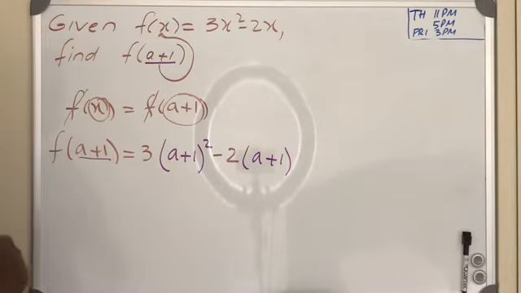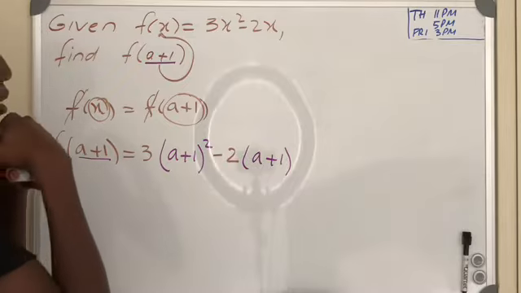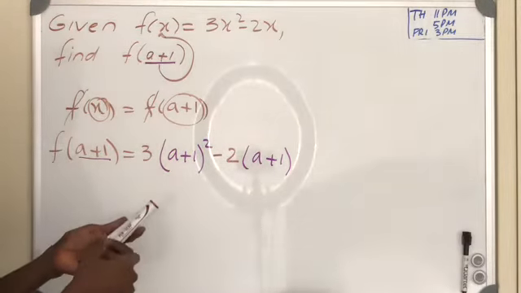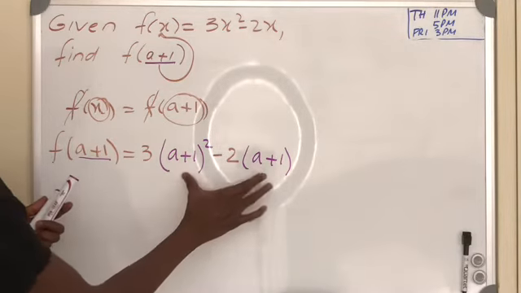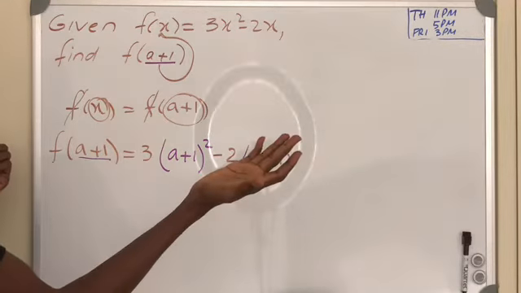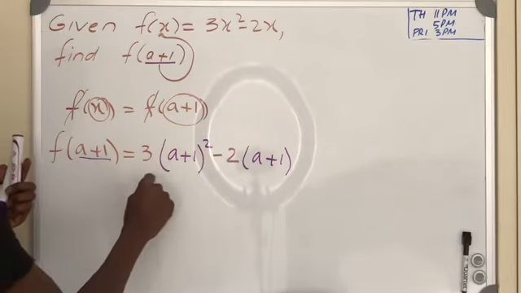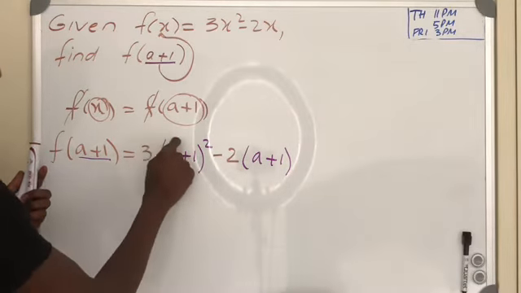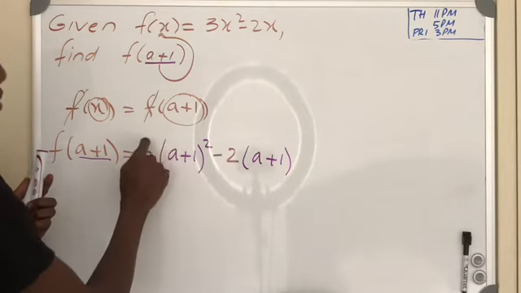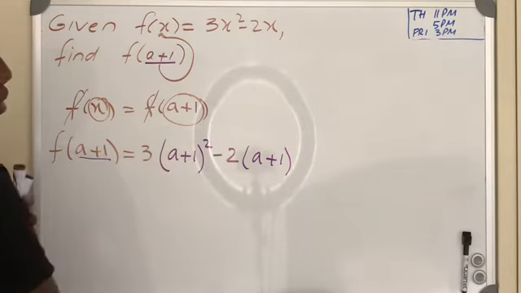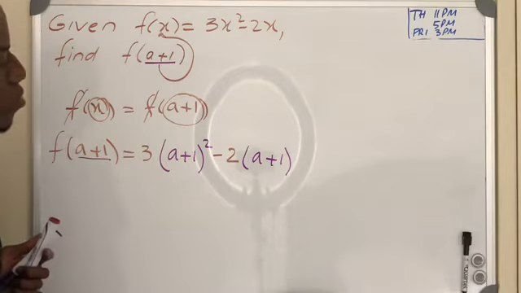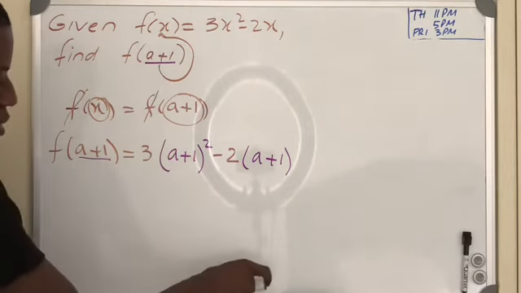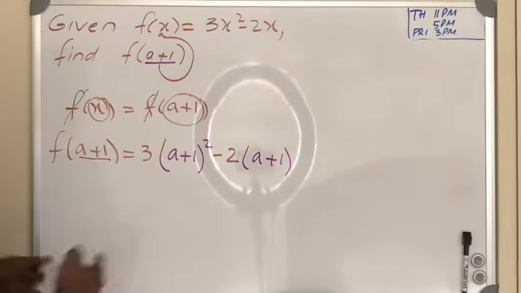It depends on how they give me the answers to choose from. I can factor out a plus 1 if I want to, or I can spread out these numbers and make it one big trinomial in terms of a. It depends on how they give you the answer to choose from.